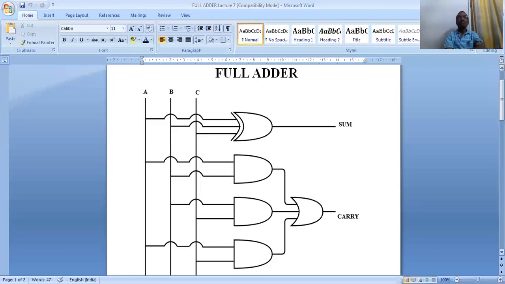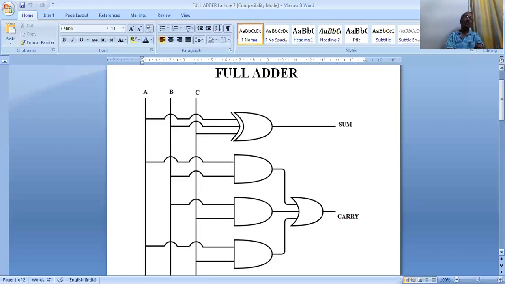Understand? And in the case of third AND gate, serially, that means C is connected. Next to C is what? Input remaining is A. That's why CA is connected to third AND gate.